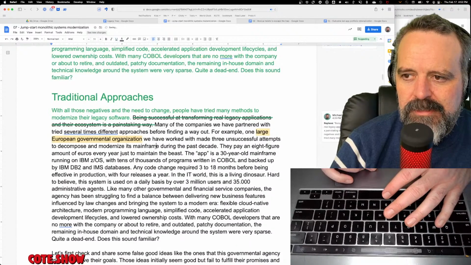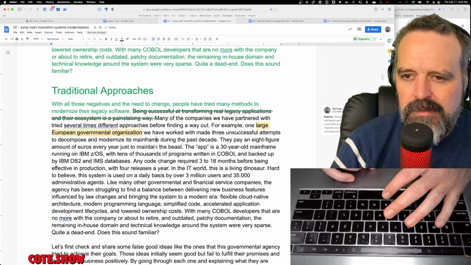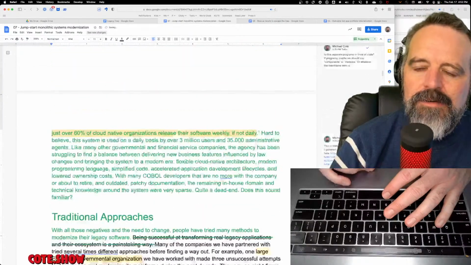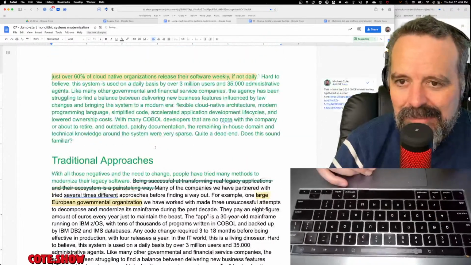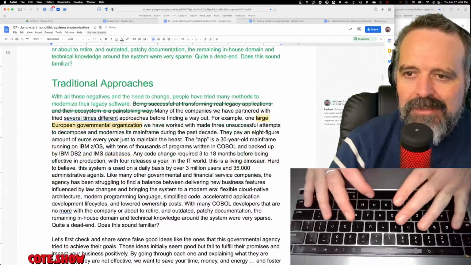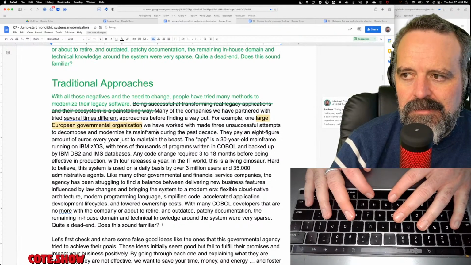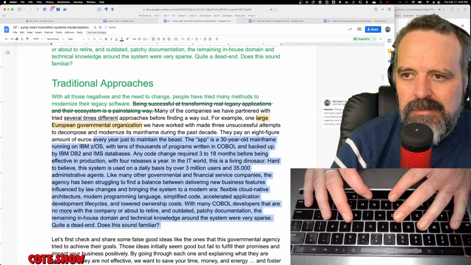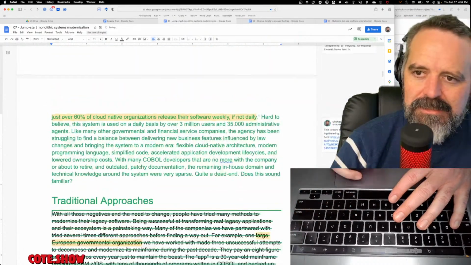What happened to my text here? Oh, right. I copied that instead of cutting it.